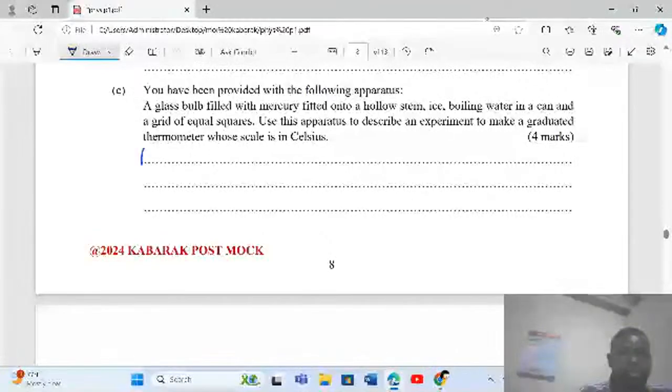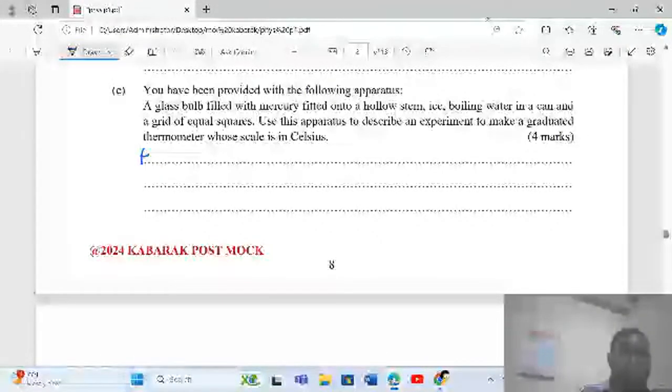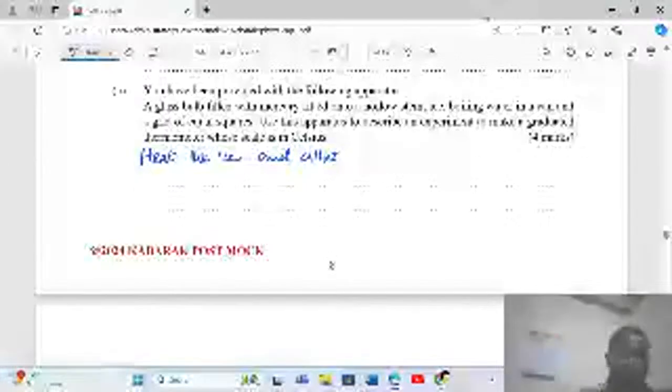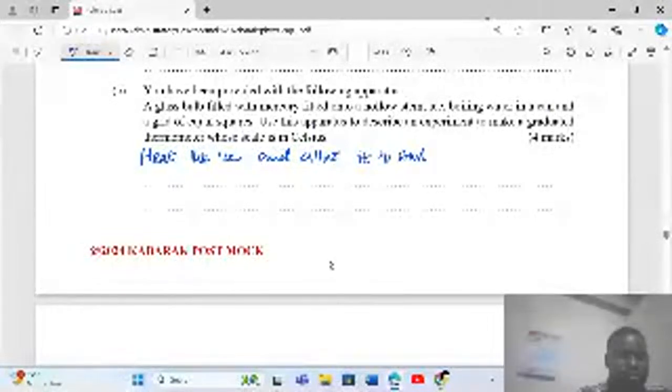Therefore, heat the ice and allow it to start melting.